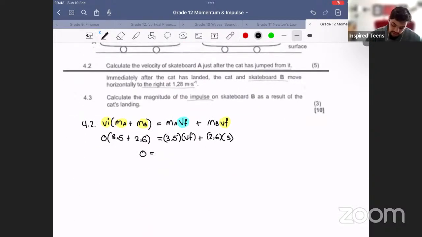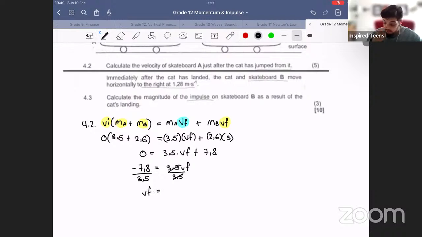Now we have 0 is equal to 3.5 times V final plus 2.6 times 3, that gives us 7.8. Take it over to the other side, it becomes negative 7.8 because I take it over. So positive 7.8 is equal to 3.5 V final. Divide both sides by 3.5, or take 3.5 over as a division, both are the same thing.